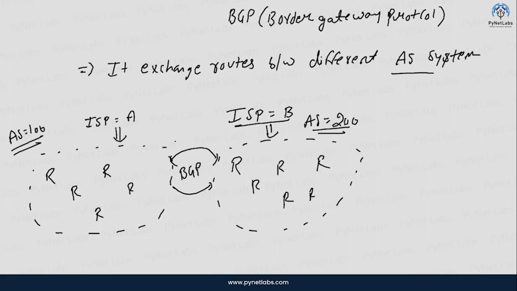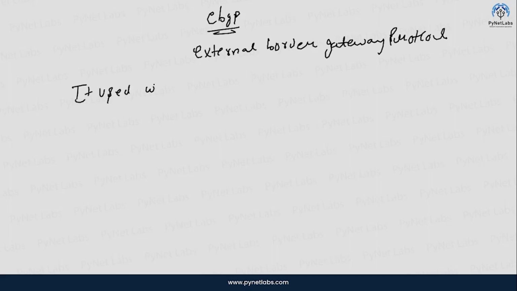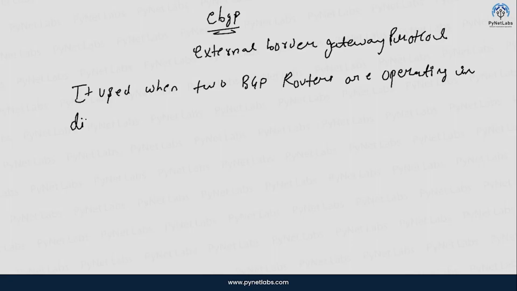And in BGP, we get the concept of eBGP and iBGP. Let's talk about eBGP first. eBGP stands for External Border Gateway Protocol, and it is used when two BGP routers are operating in different AS.